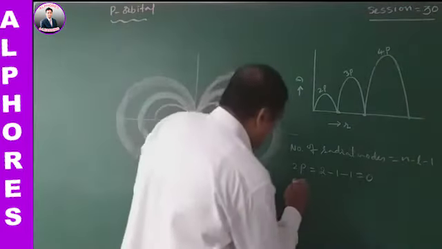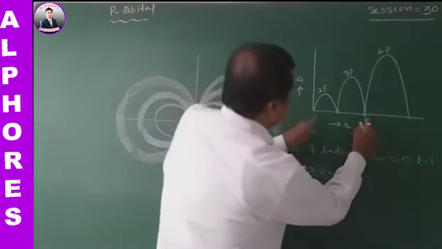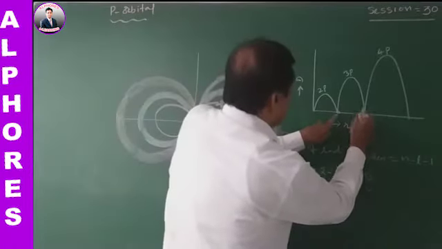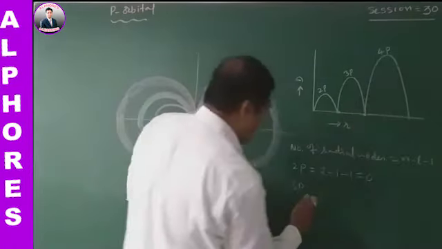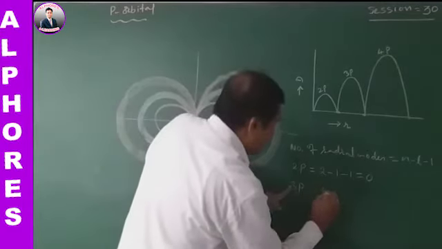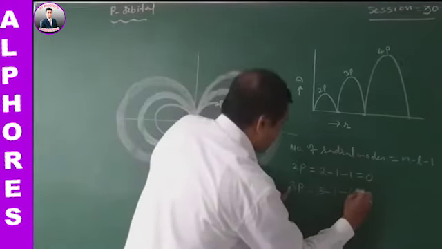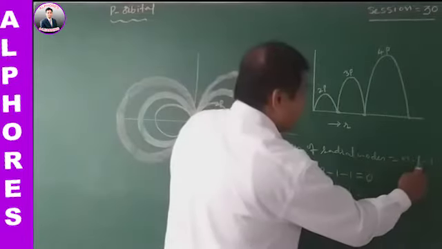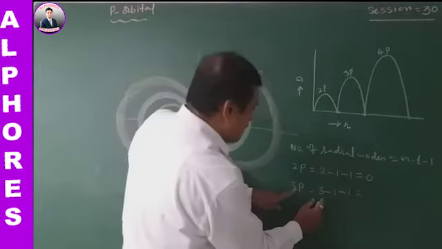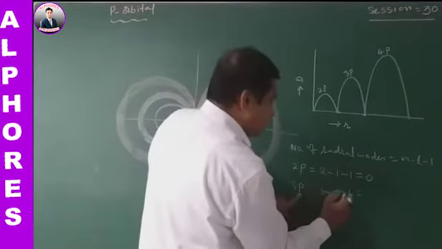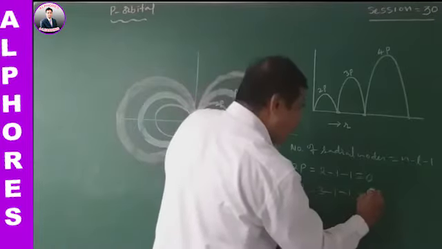Right. Now for 3p orbital, we have one node. Let us write here: 3 minus 1 minus 1, because n minus L minus 1. N is equal to 3, L value for p orbital is 1, so that is equal to 1.